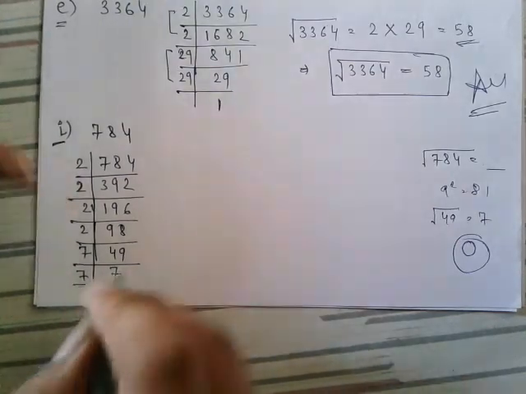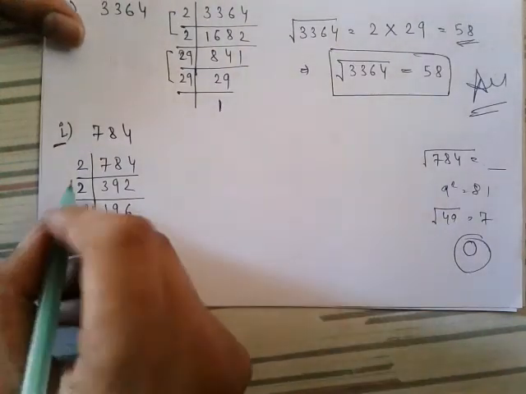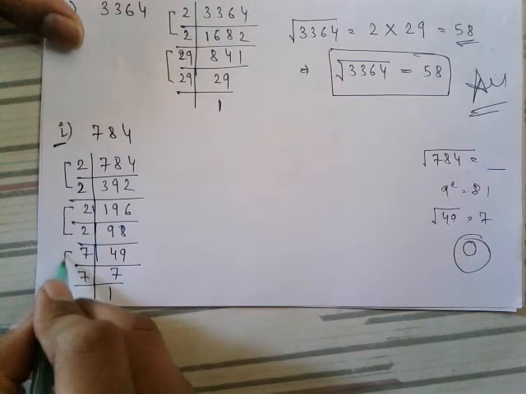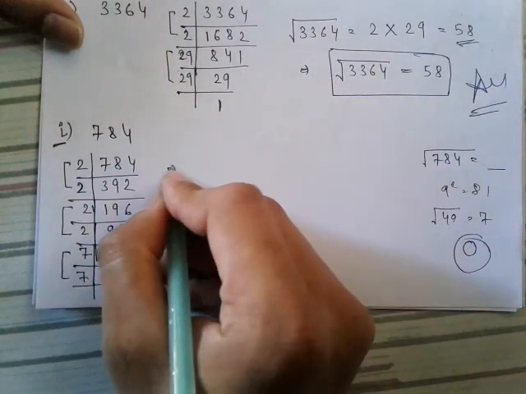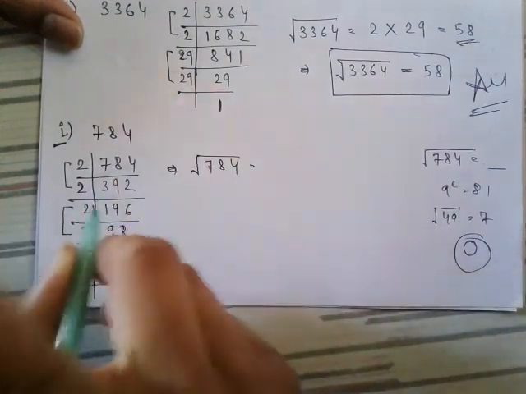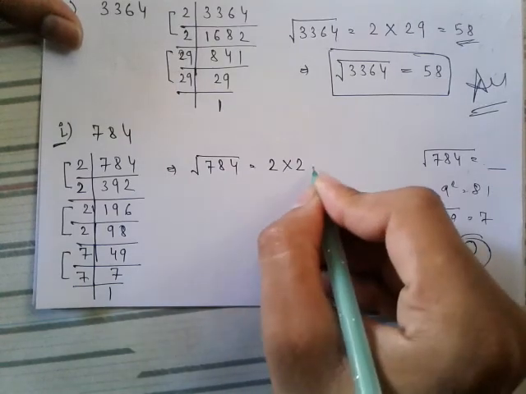So the next step is you need to make pairs. So this 2 has one pair, this 2 has another pair, and this 7 has one pair. So you see you have 2 pairs of 2, that means you have to multiply 2 two times.